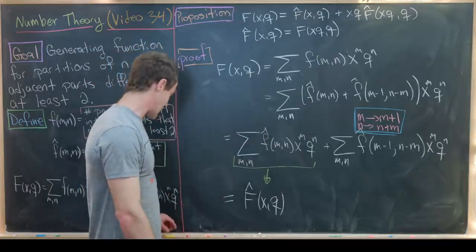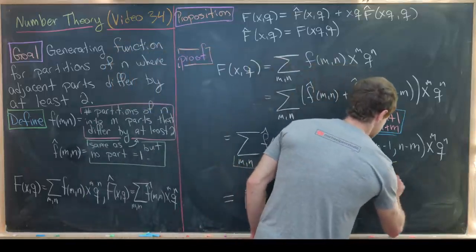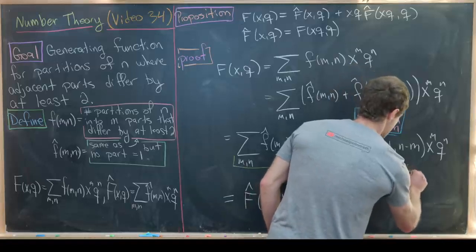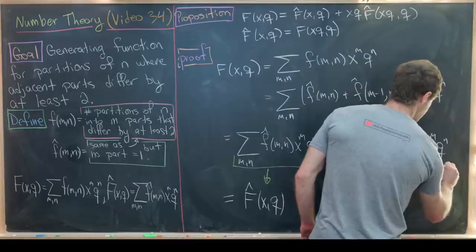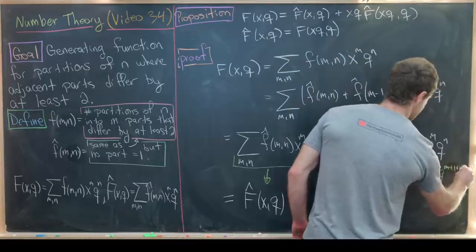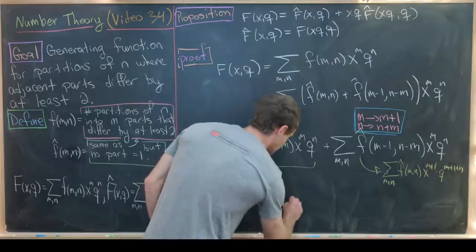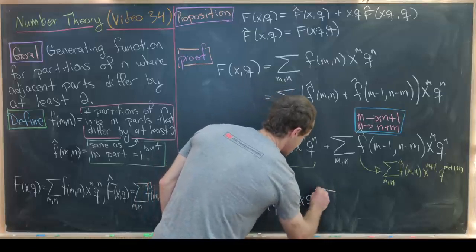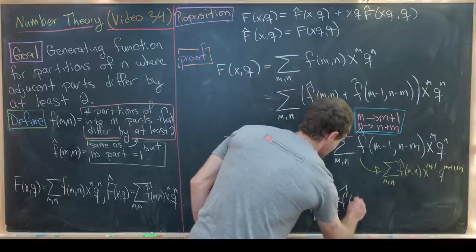So how does that allow us to rewrite this guy? That allows us to rewrite this as the sum over m,n of f hat m,n, and then we'll have x to the m plus 1, q to the m plus 1 plus n. Now what we'll do is factor some stuff out of this and rewrite it a little bit. So this is going to be x times q times our sum over m,n of f hat m,n.